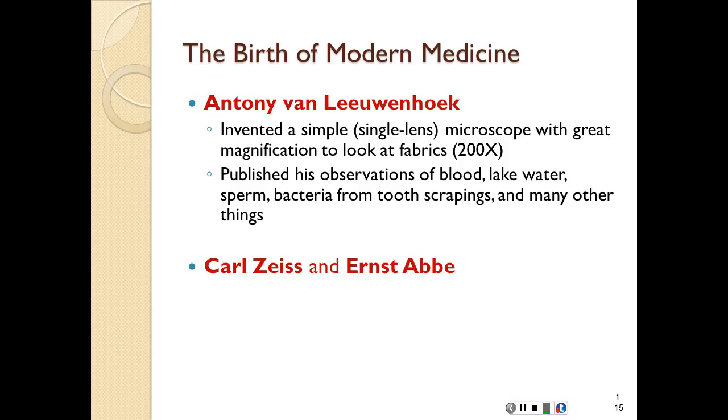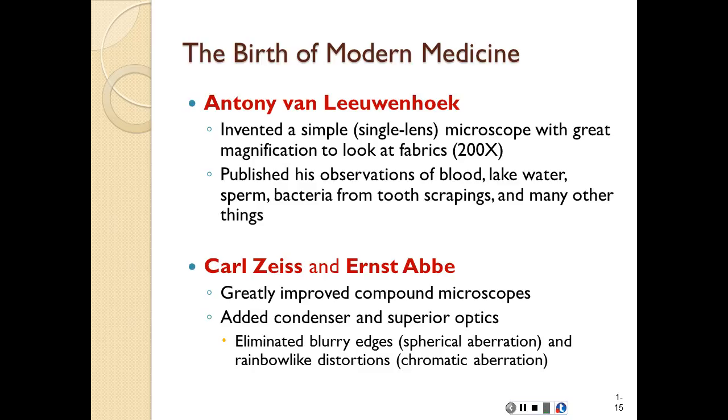And he published his observations of blood, lake water, sperm, bacteria from tooth scrapings, and many other things. Now these last two, Carl Zeiss and Ernst Abbe, back in the 1800s, improved the compound microscope, and they added condensers and superior optics.